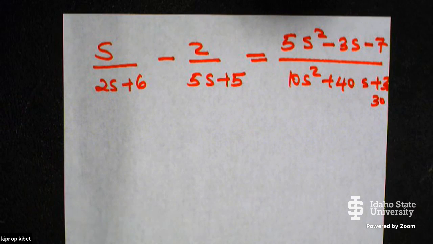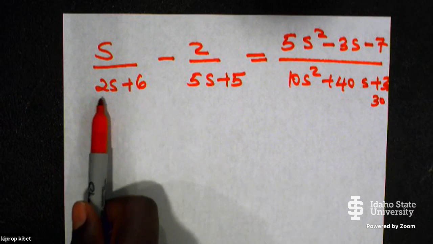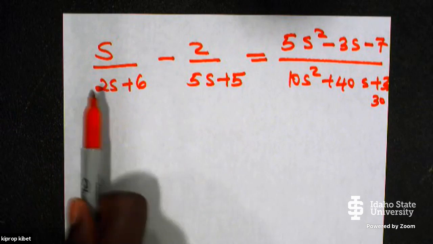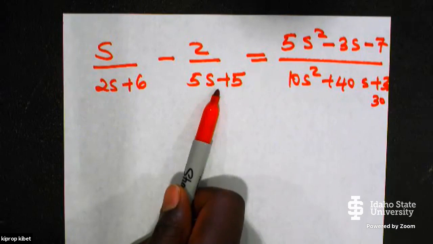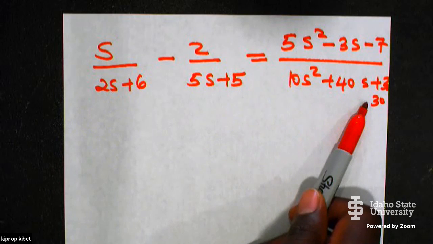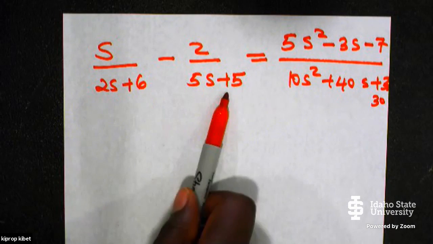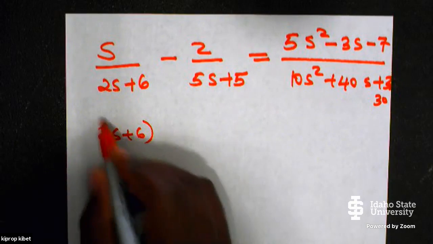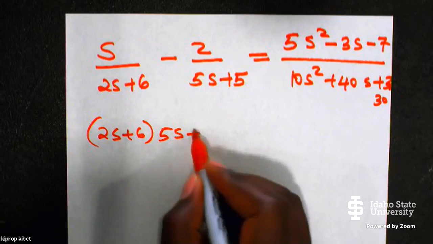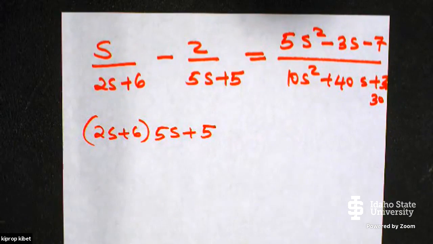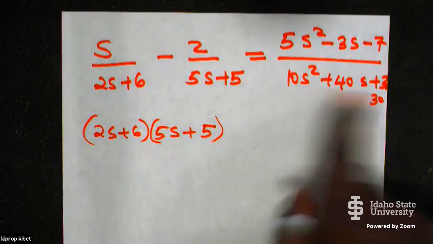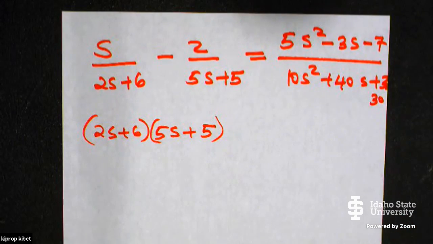Now, if you look at this and this, when you multiply the two of them, will we get this? So that's what we try. You multiply 2s plus 6 by 5s plus 5. Okay? You see whether you would get the last one.